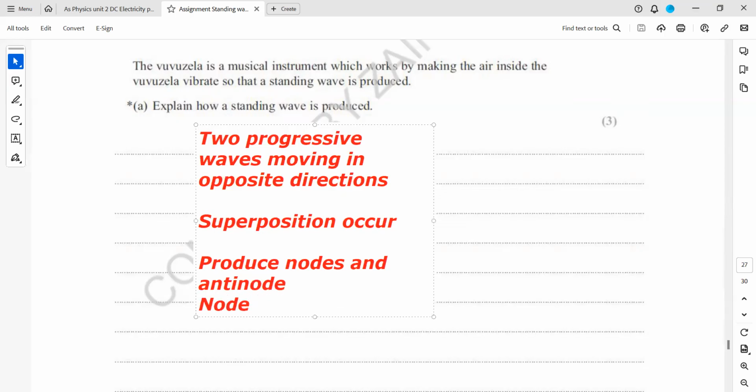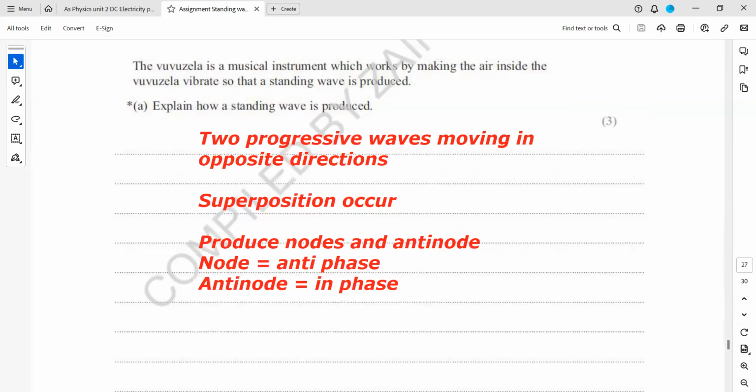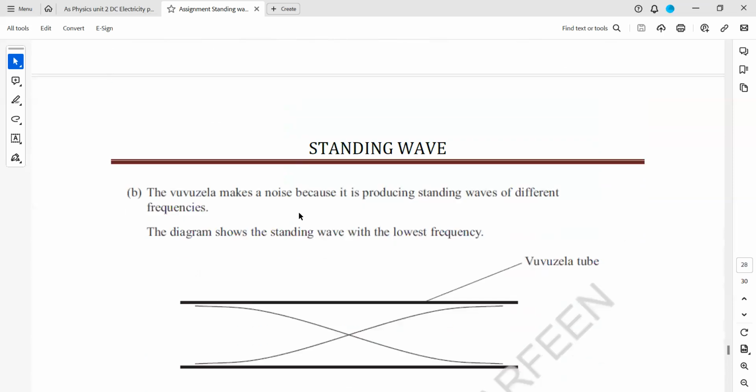Nodes are the points which are due to antiphase combination, and antinodes are the points in which they are in phase. The interference or combination is due to the particles which are in phase. So node means the zero amplitude points and antinode means the maximum amplitude points. So this is always a structured answer for explaining how the standing wave is produced.